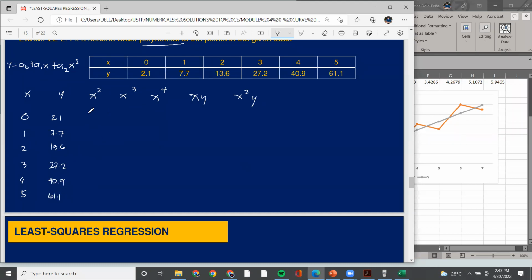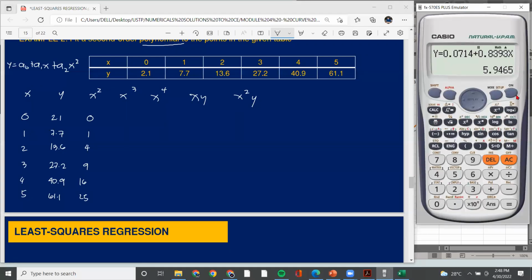X squared, this is 0, 1, 4, 9, 16, and 25. Okay? X cubed, gamitan na itong calculator.